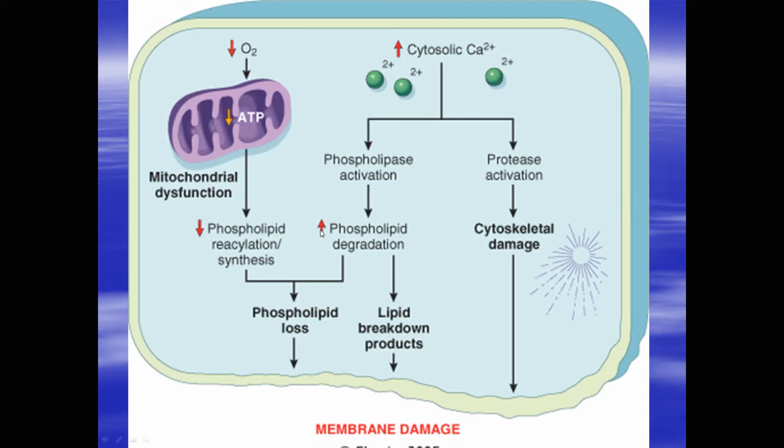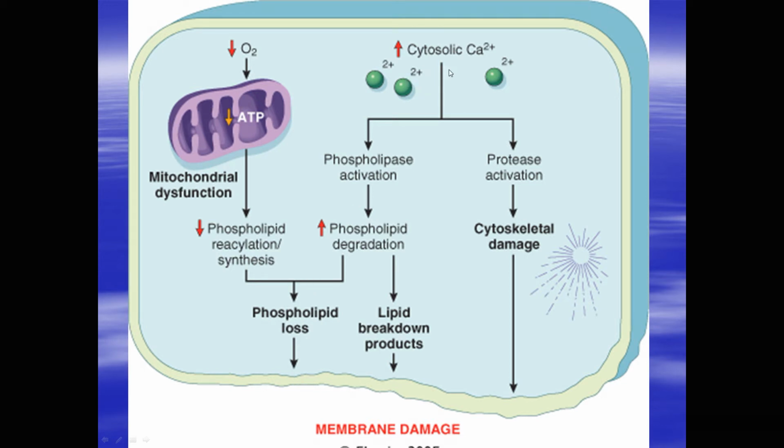Let's now review briefly all these mechanisms. The membrane damage is caused, for example, by the decreased oxygen availability, the mitochondrial dysfunction, and especially the decreased phospholipid reacylation synthesis. This will interact with the membrane composition, especially loss of phospholipids and damage to the membrane.